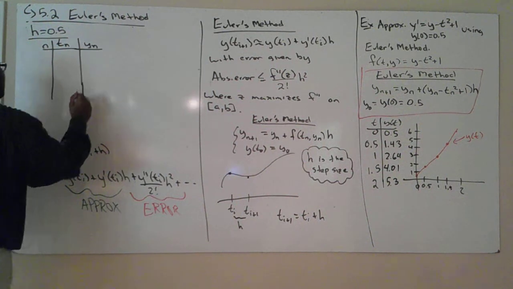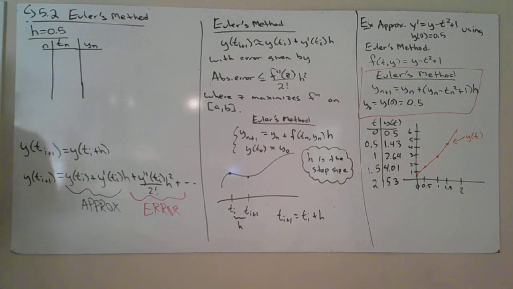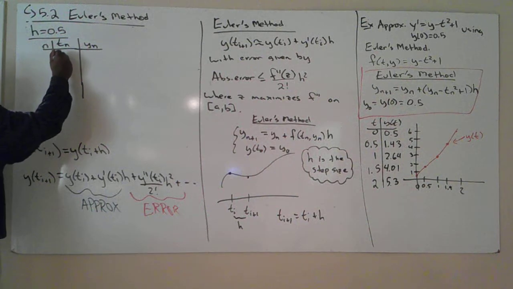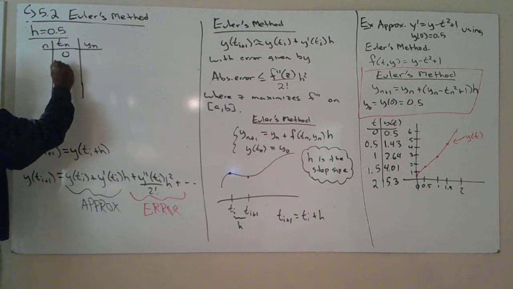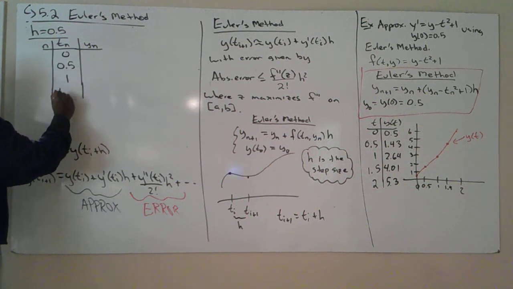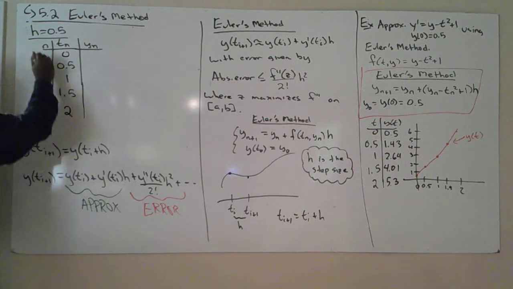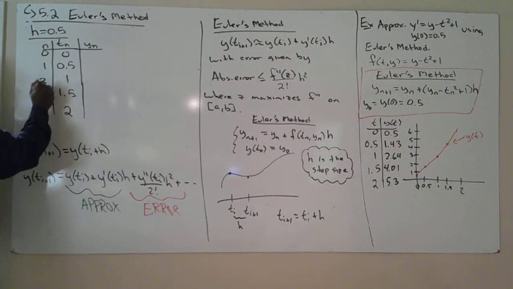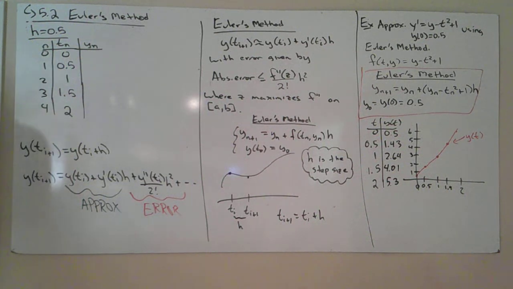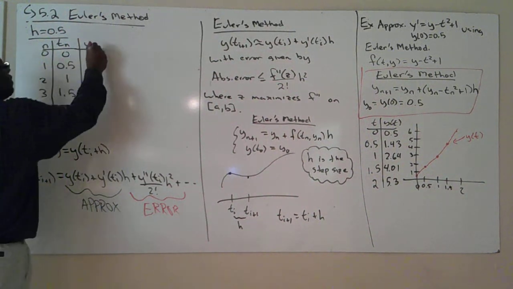My values, let's say we want 0, 0.5, 1, 1.5, and 2. So my n is 0, 1, 2, 3, and 4. And I want to find my y sub n.